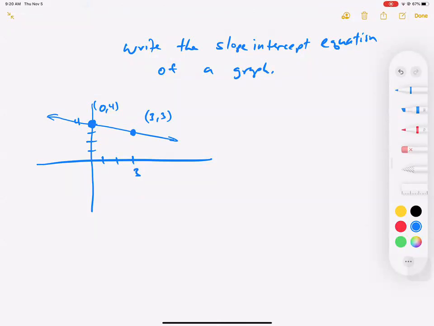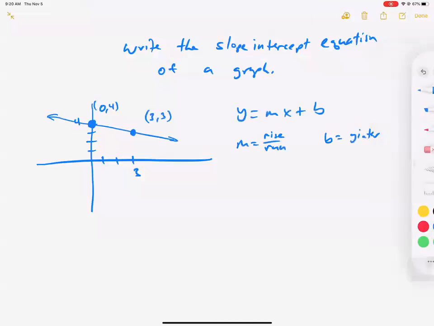Okay, so that's what we need. y is equal to mx plus b, where m is the slope, rise over run, and the b value is our y-intercept. Just to repeat that again.